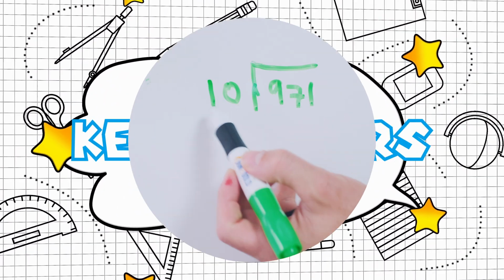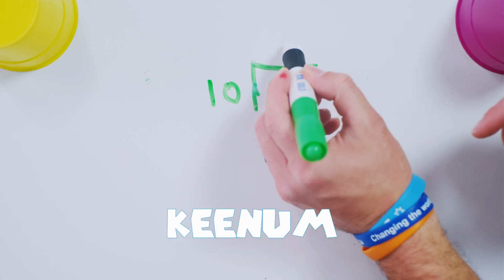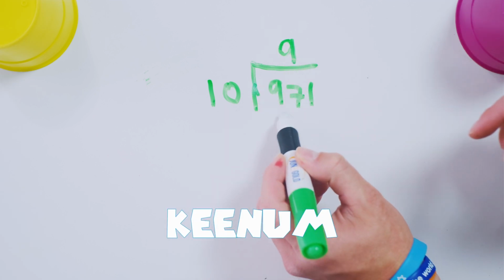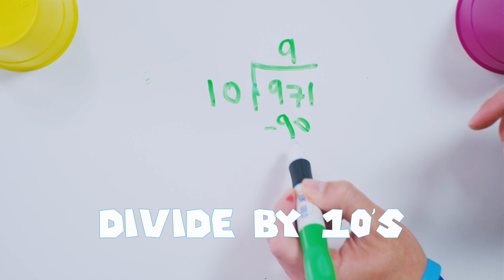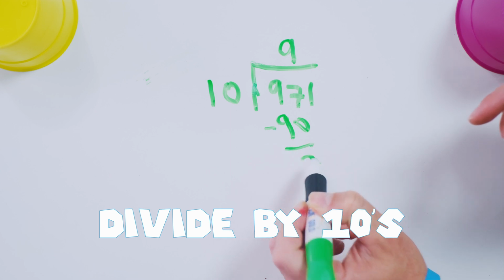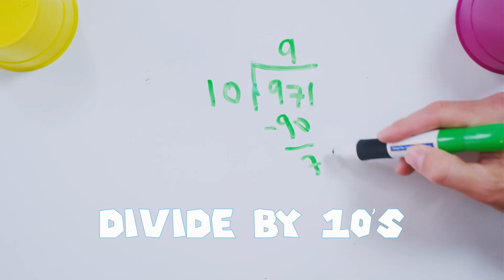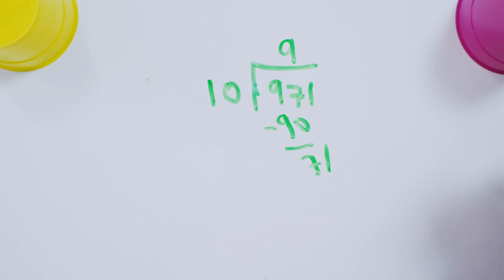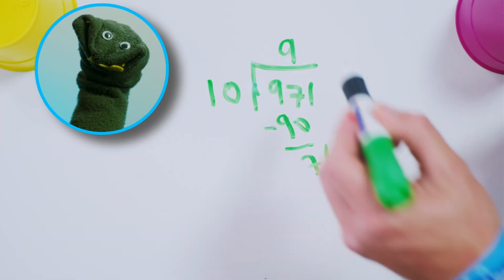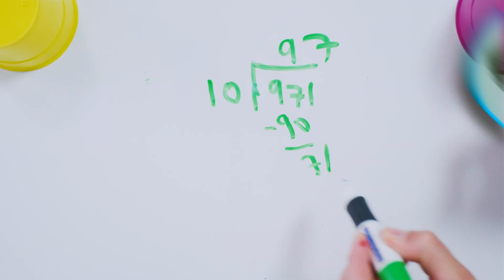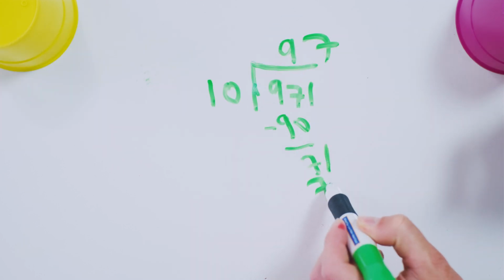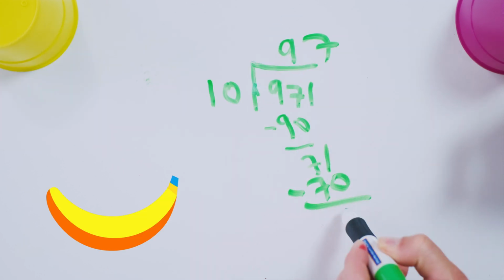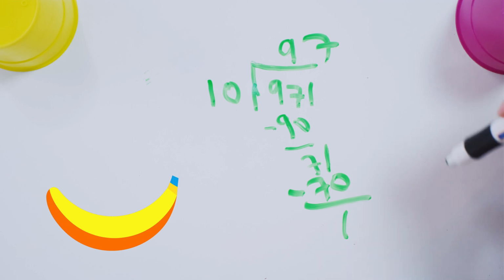Keenumbers. 10 goes into 97 how many times? 9 times. So you're gonna have a difference of what's really 70 because you have this remainder of 1. Now, how many 10s are in 70? Well, that's 7. Okay, we're making progress here. Then you got a remainder of 1.